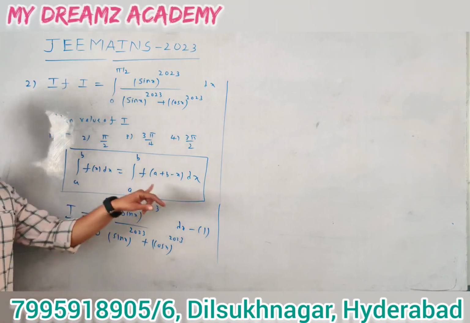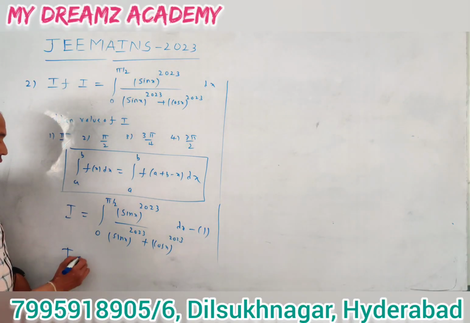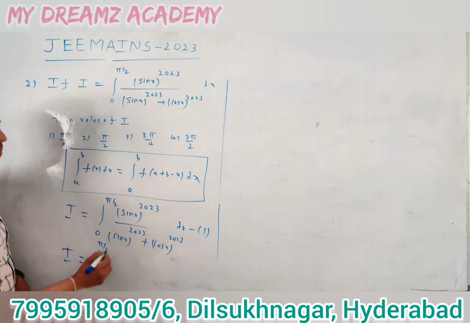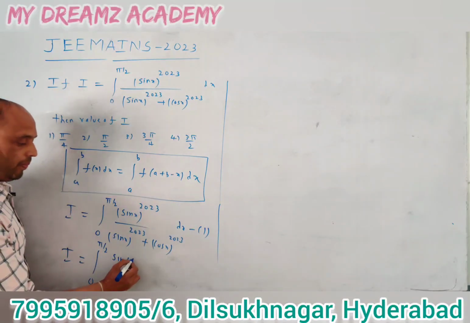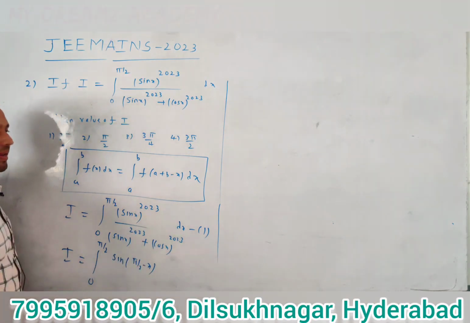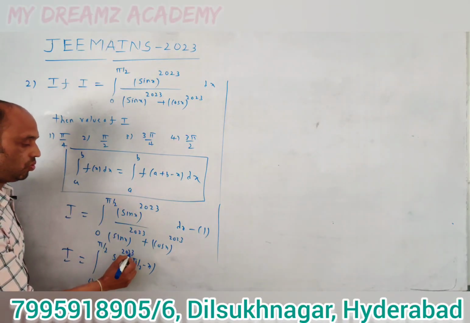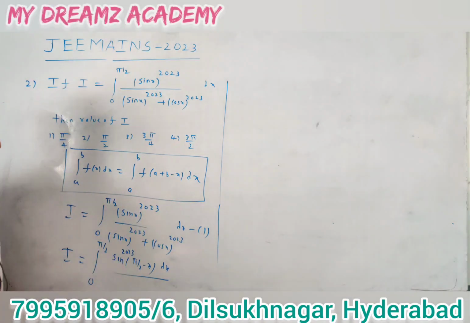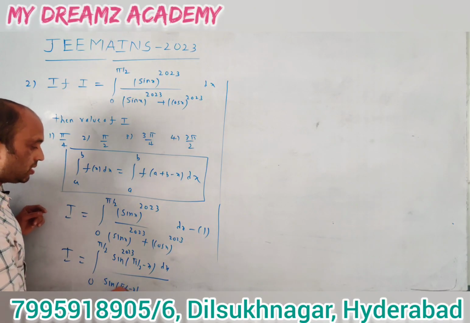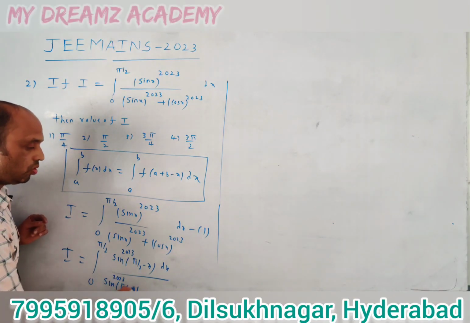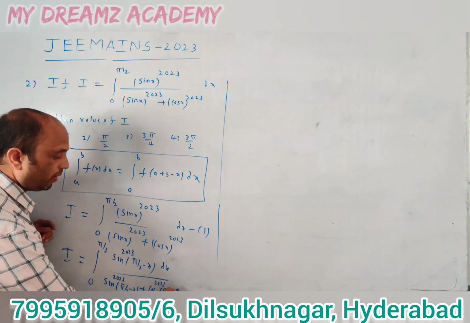Here a means 0, b means pi by 2, so we substitute pi by 2 minus x in place of x. So we'll get the integral from 0 to pi by 2 of (sin of (pi by 2 minus x))^2023 dx by ((sin of (pi by 2 minus x))^2023 plus (cos of (pi by 2 minus x))^2023), like this.